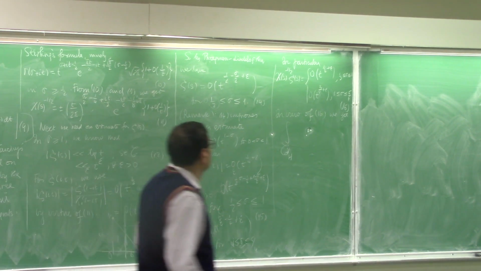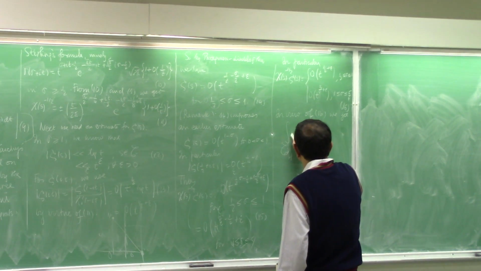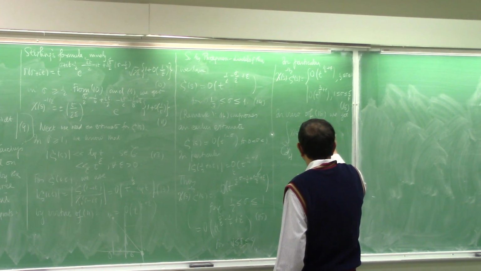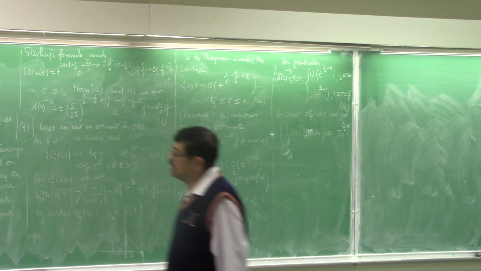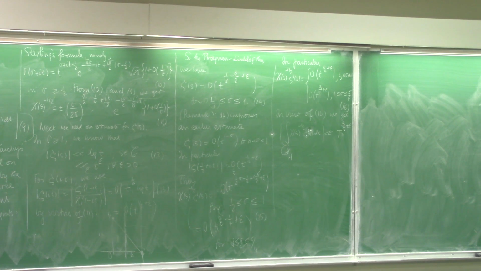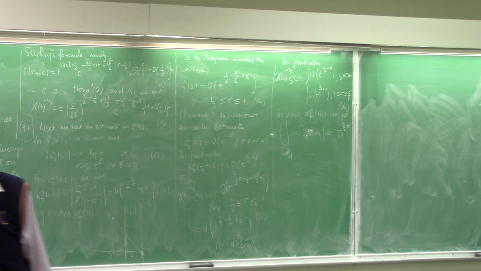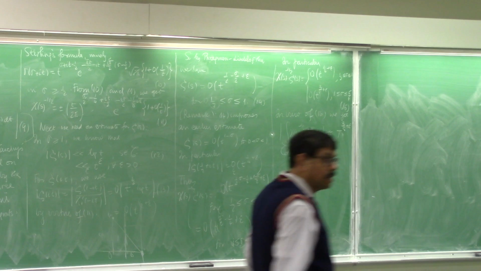So the integral of that, of chi of s to the minus half, zeta s ds, is less than t to the 3/8 plus epsilon. Because this is actually bounded, goes from half to 5/4. Okay, so this is capital O.